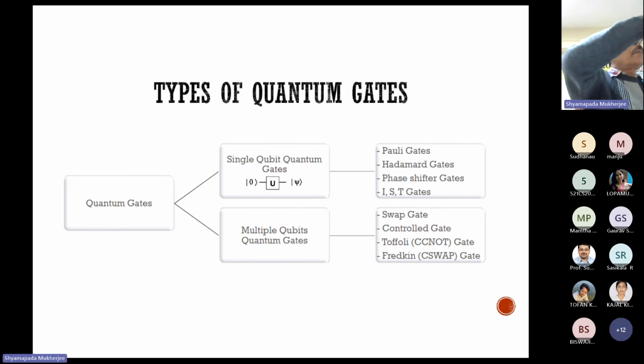What is the function of the algorithm? Algorithm is implemented through the gates. So gates will act on it and take it from this state to a new state, from this point to another point. So a set of instructions is given to you on the Bloch sphere. One point will move according to my operation to a different point.